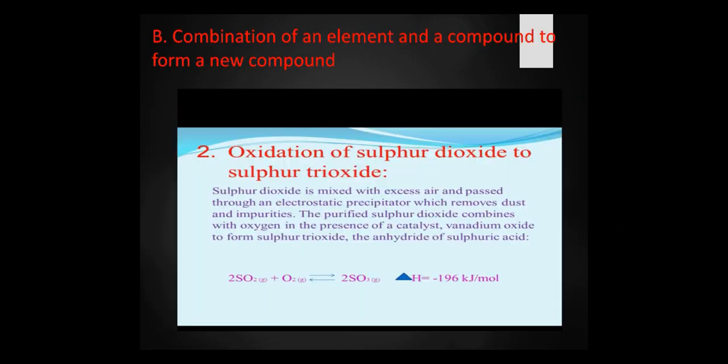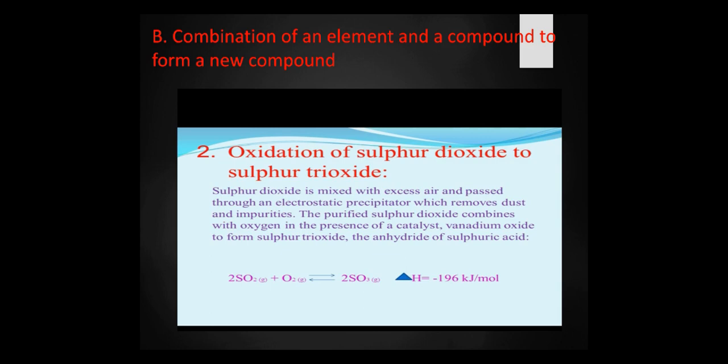Next is the combination of an element and a compound to form a new compound. The example of this type of chemical reaction is oxidation of sulfur dioxide to form sulfur trioxide. As you can see, sulfur dioxide and sulfur trioxide both are compounds.